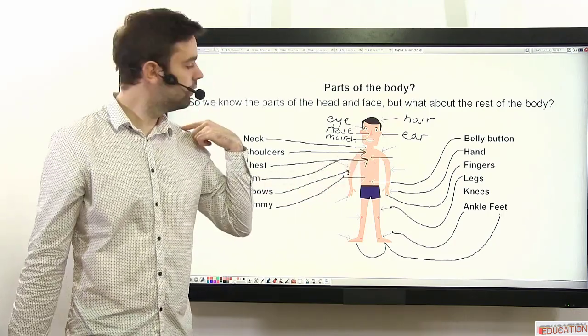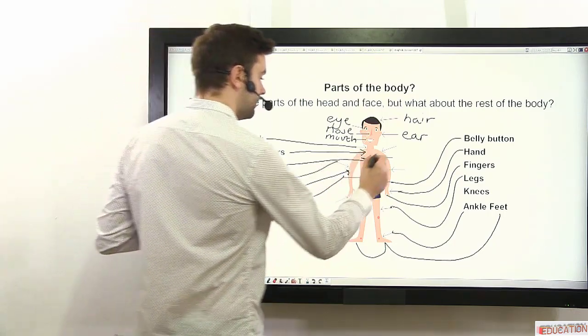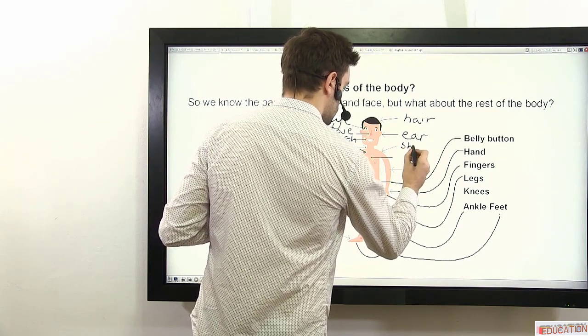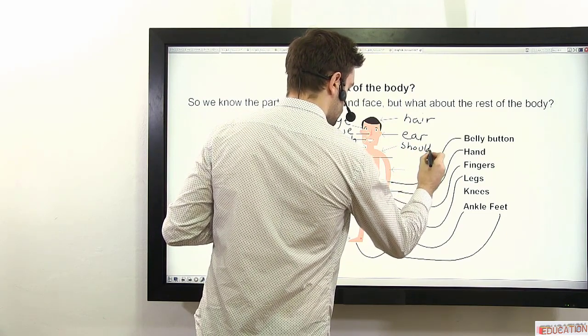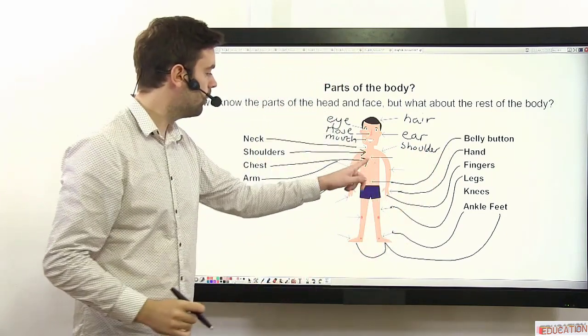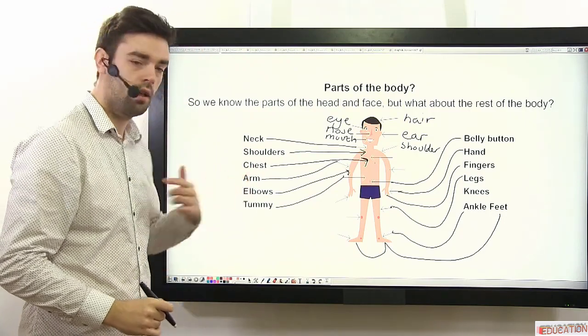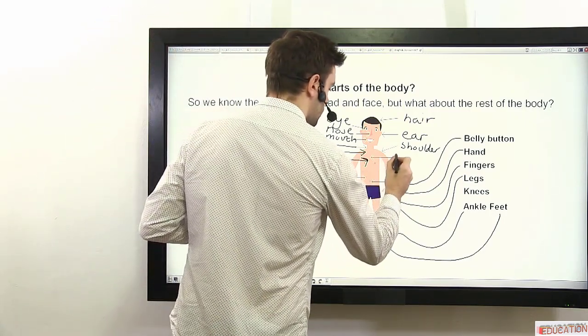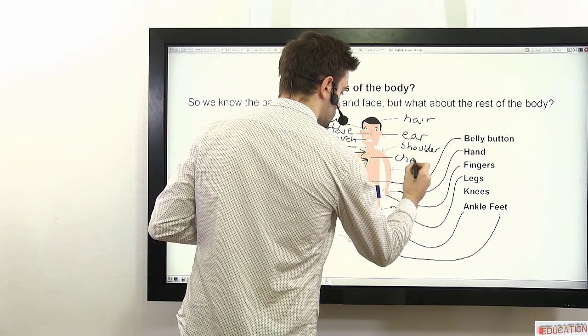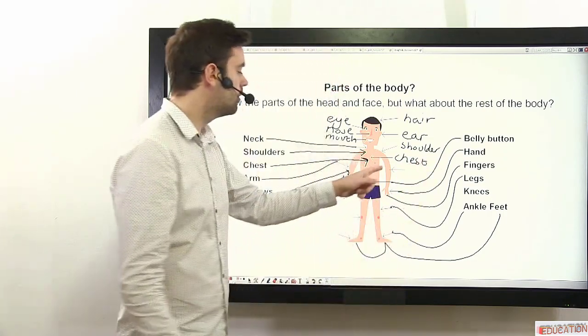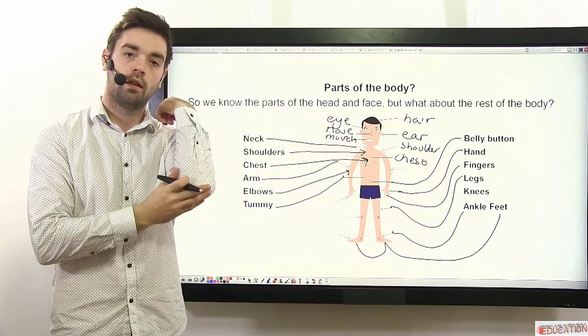What's this pointing to? The shoulder. What's this pointing to? The chest. This one. The elbow.